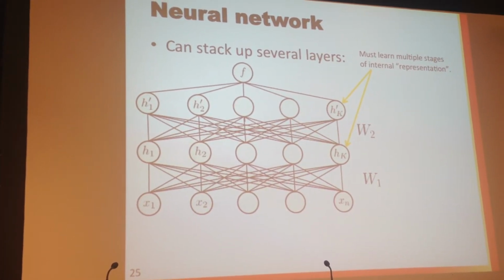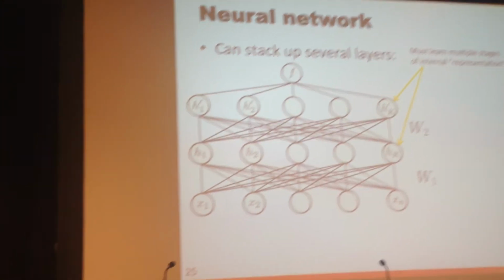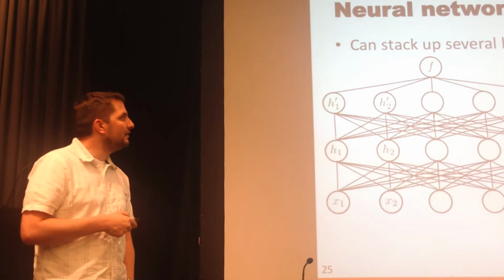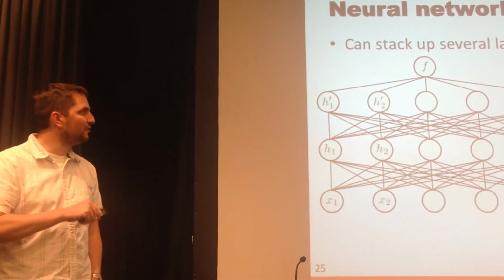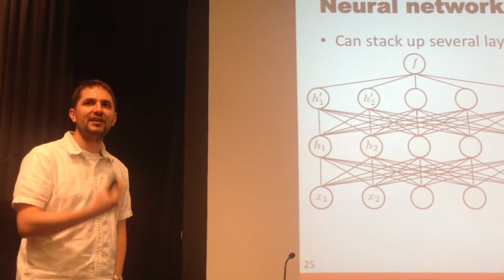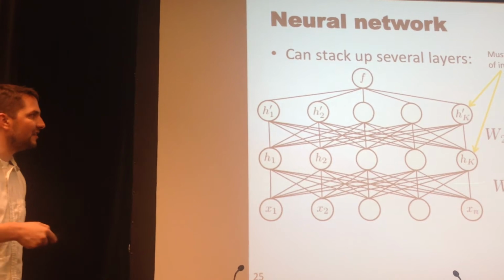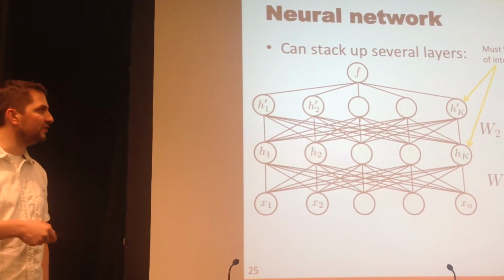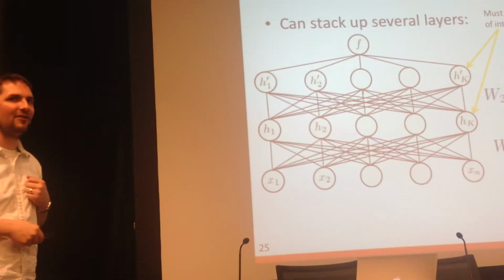So the basic idea is that if I look for some function f that makes really good predictions, now f has a lot of power behind it. F can actually use several sequential stages of computation to make its decision. But the key thing here is that these things are not hardwired. I actually can tune W1, this big matrix that represents the first layer of computation.